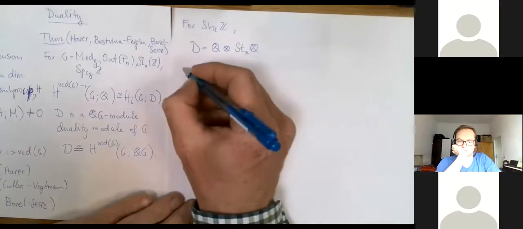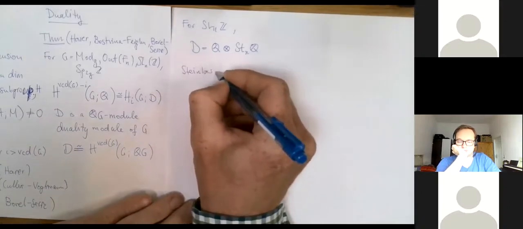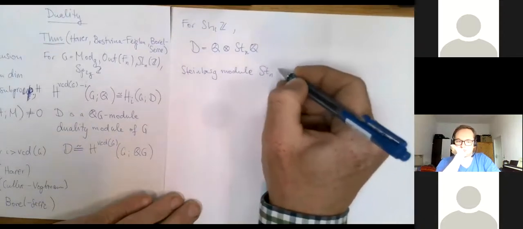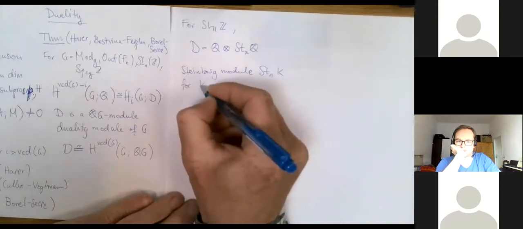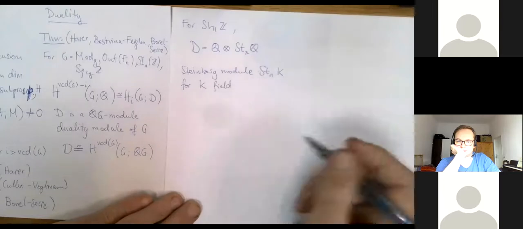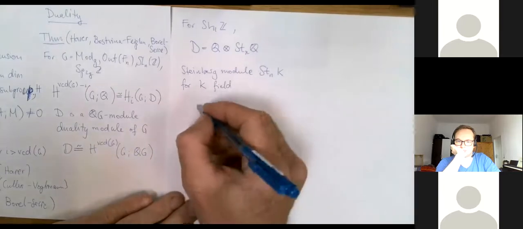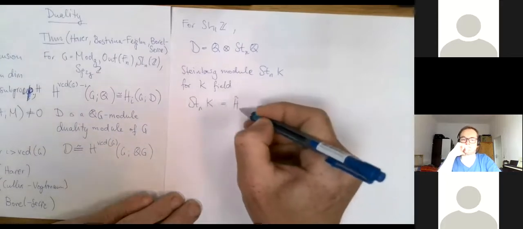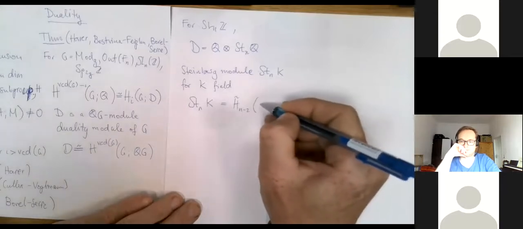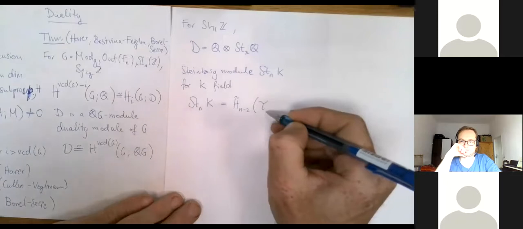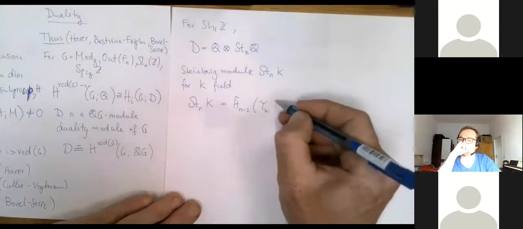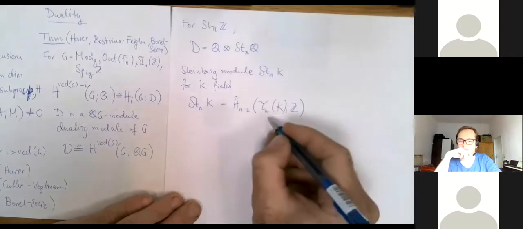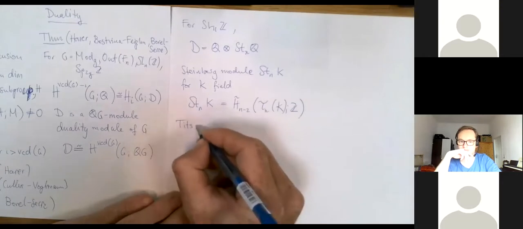Well, the Steinberg module for any field is defined as the top cohomology. I'm doing this a bit backwards from what I normally do in talks. Well, this is a different Tn now than we had earlier, of the Tits building.